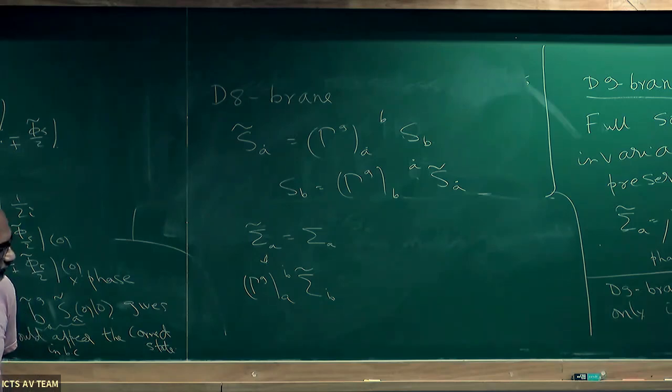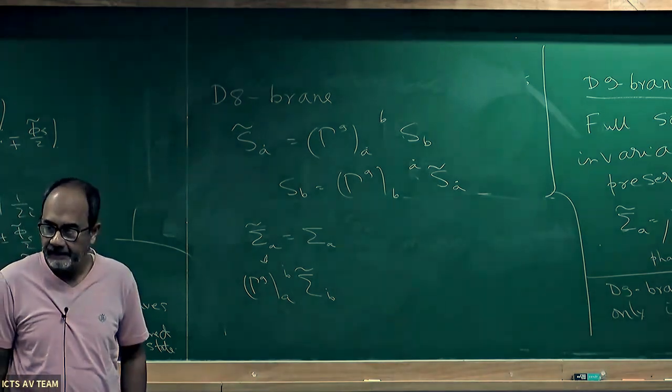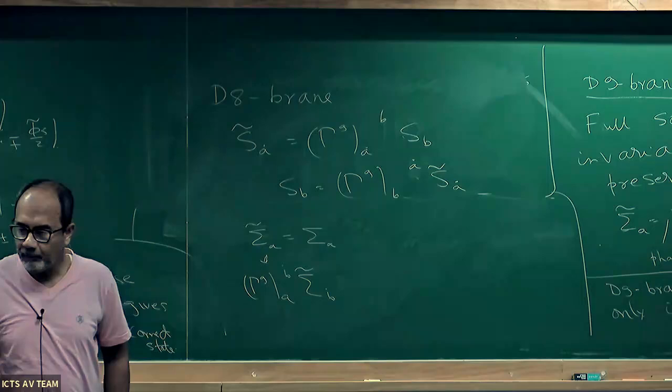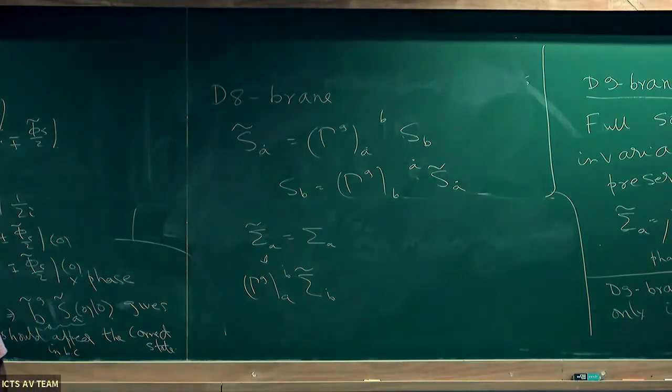But here it seems like we have one gamma. We have one gamma, yes. That is true to change from D9 to D8. For D8, you have one gamma. Right? If you want to now change from D8 to D7, how can it appear there? The number of transverse directions. Every time you change from N to D, you get a gamma. For p even, I will have an odd number of gammas.